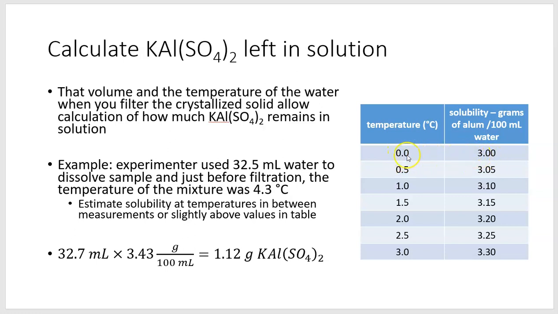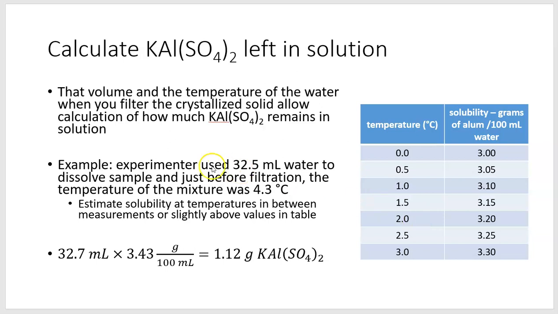Like at 0.0, it's 3.00, and at 0.5, it's 3.05. And at 2 degrees, it's 3.20. So you can see the tenths number is the temperature in degrees, and the hundredth is the temperature in tenths. Now, that's entirely a coincidence. There's no reason that it has to be. We're just going to take advantage of that while we're working with alum. It just works for alum and water, and there's no big meaning to it. It just happens to occur this way.